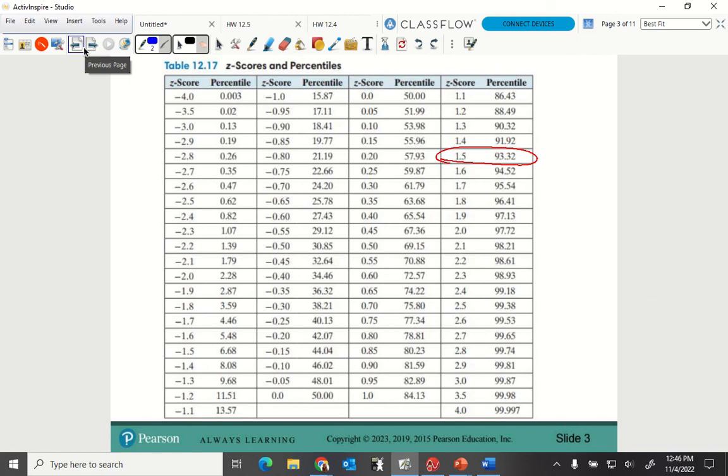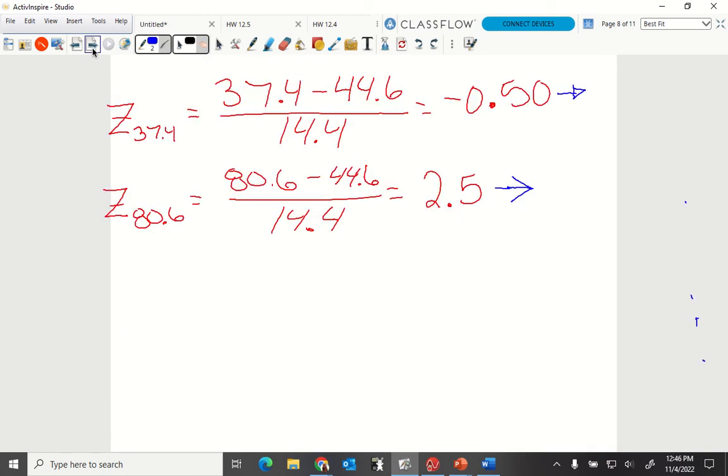Negative 0.5 is right here, negative 0.50. And my other one was 2.5, so 99.38. Very good. So those are the two I'm going to use. This one was 99.38, and this one was 30.85%.